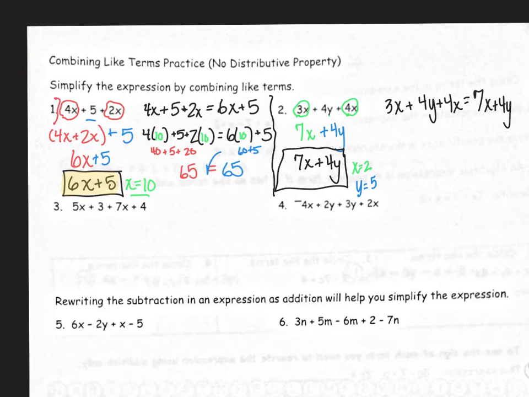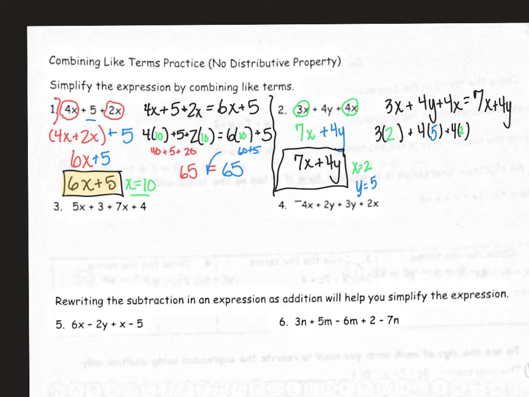Okay, so now I'm going to substitute for these variables, because I already rewrote the expression. So 3 times x plus 4 times y plus 4 times x. And x is 2, and y is 5.